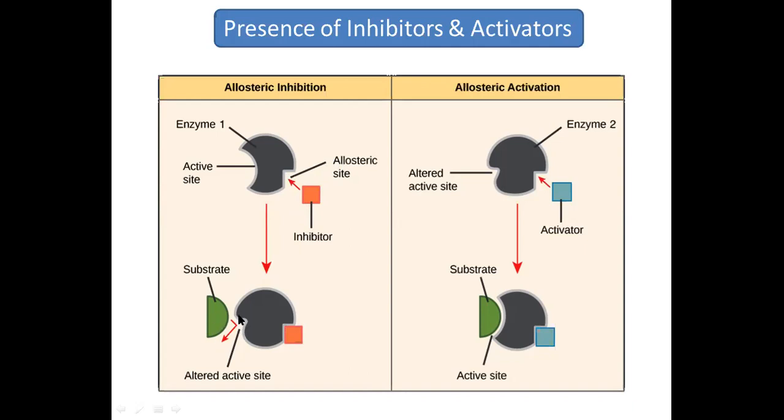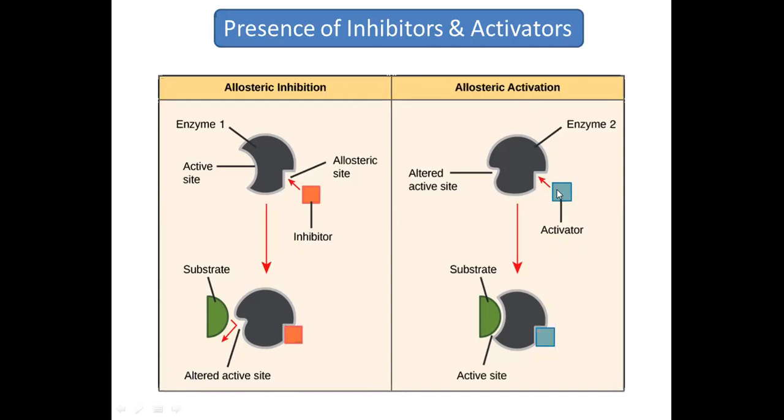Here you can see the active site morphology, so it is not at all possible for the substrate to bind. The substrate will not come and bind with this part. If the inhibitor binds here, substrate specificity will be lost, and the substrate will not bind with the enzyme active site at all, because it will alter the active site morphology.